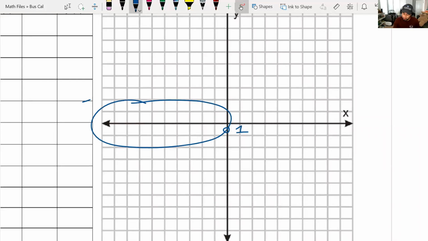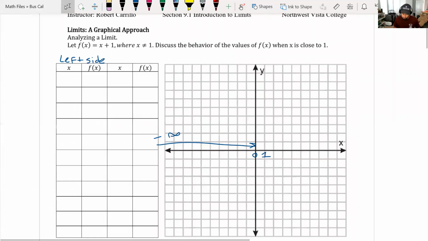So this is what it means to approach a number from the left side. So I will approach 1 from the left. But we'll see what happens when we land on 1, okay? So that's what it means to approach numbers from the left side of a graph. You approach from negative infinity.